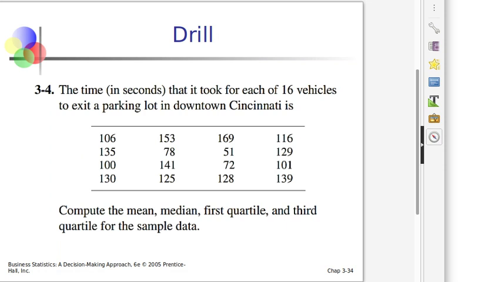Now here's a drill. The time, in seconds, that it took for each of 16 vehicles to exit a parking lot in downtown Cincinnati is this: 106, 135, 100, 130, 153, 78, 141, 125, 169, 51, 72, 128, 116, 129, 101, and 139.